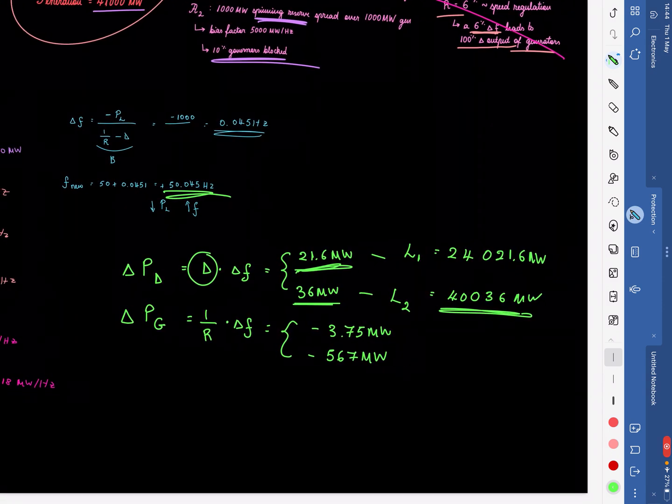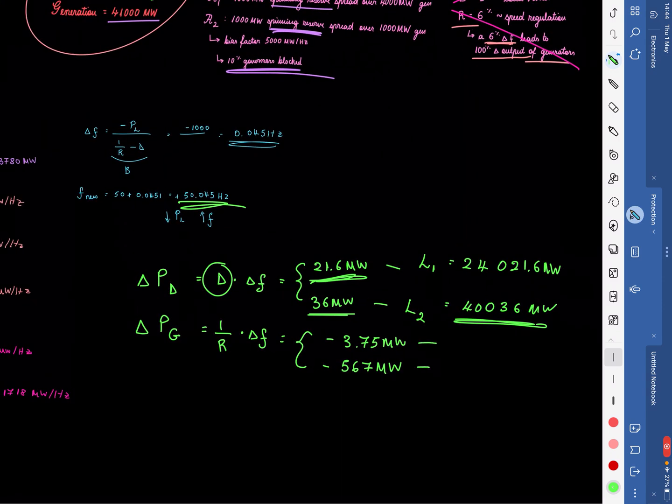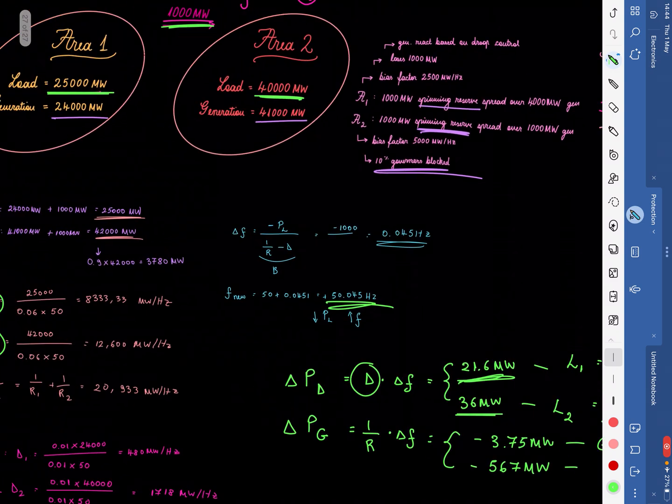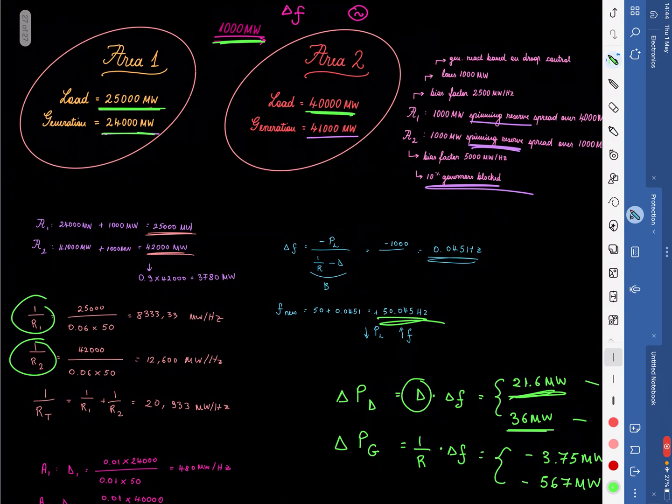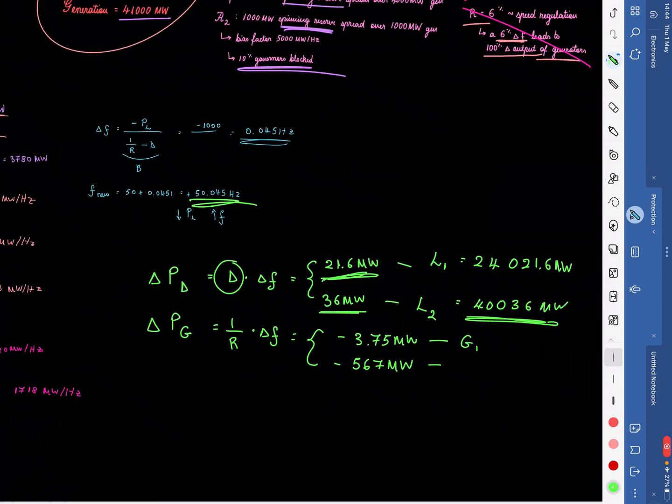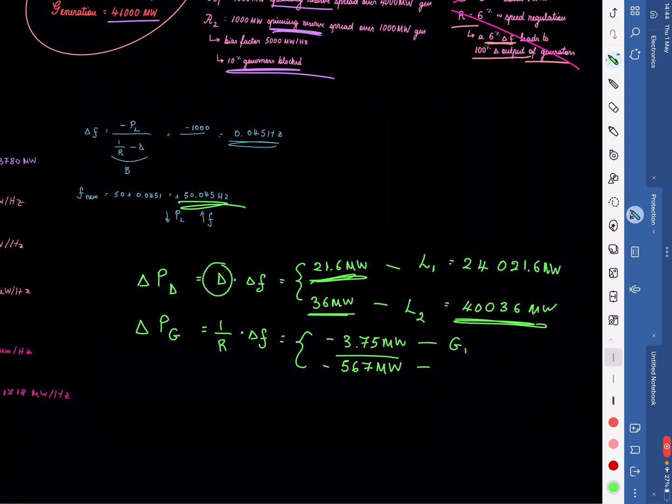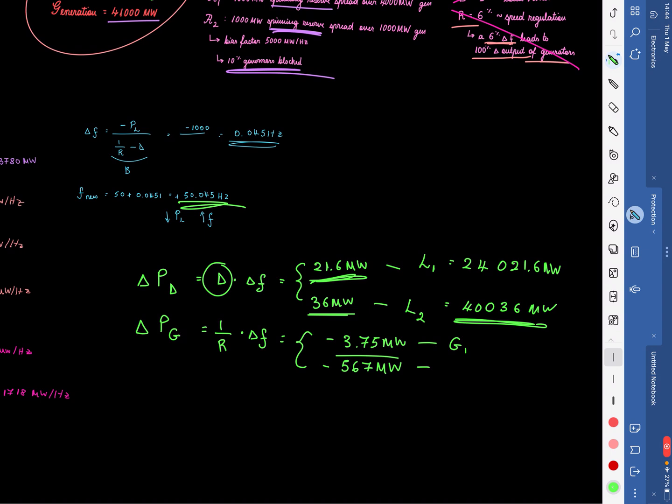So we're going to have to subtract from generation 1, and generation 1 is 24,000. We're going to subtract this change in generation, so you're going to be left with 23,625.